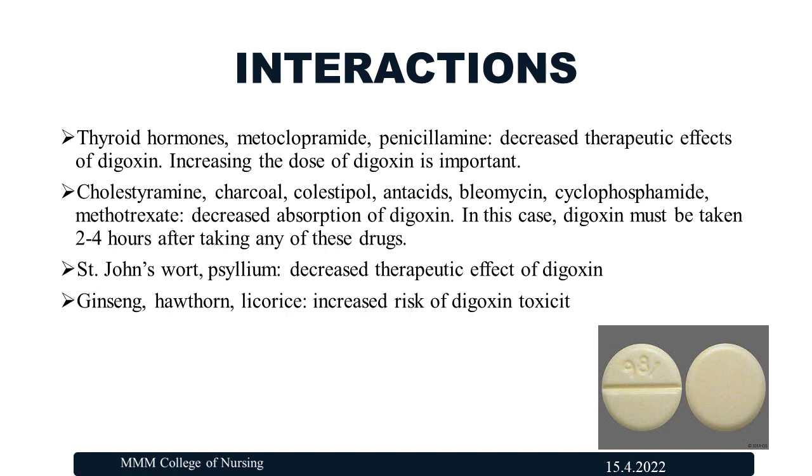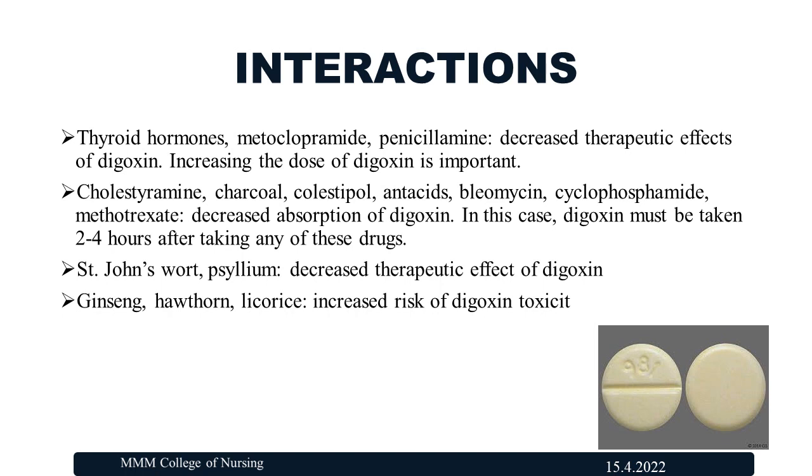And also thyroid hormones, metoclopramide, penicillins decrease the therapeutic effects of digoxin, and cholestyramine, charcoal, cholesterol, antacids, fluomycin, cyclophosphamide, methotrexate decrease absorption of digoxin, so this also has to be taken care of for 2 to 4 hours.